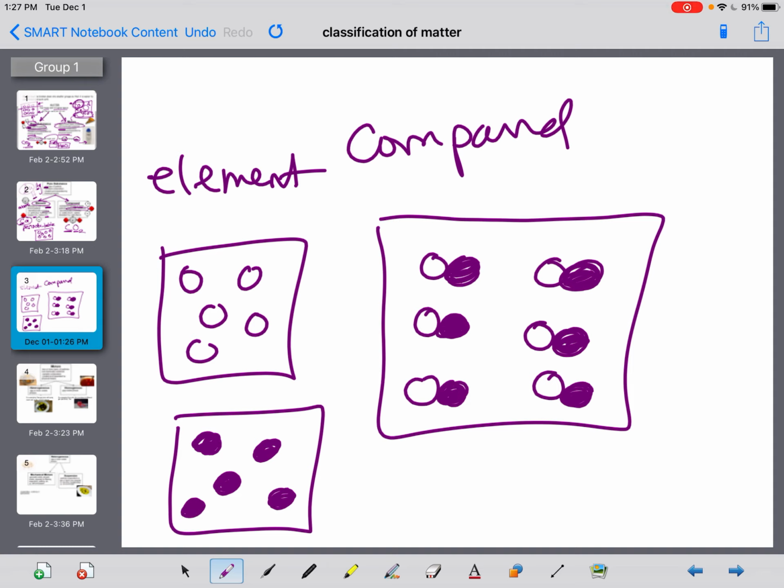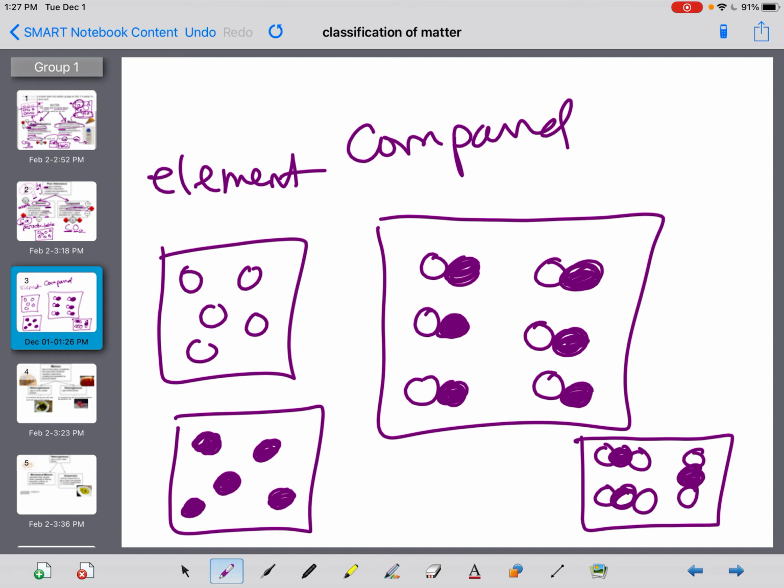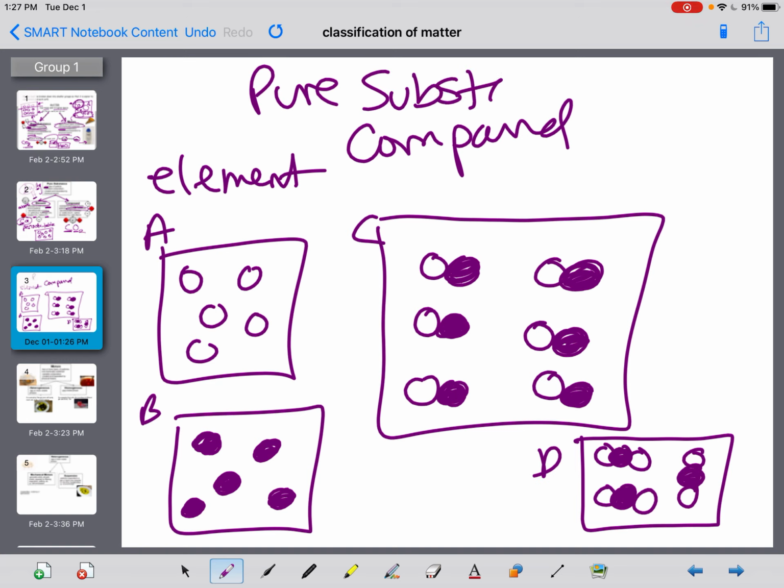So all three of these, and actually let me draw another example of a compound. Okay, so all four of these, A, B, C, and D, these are all pure substances.